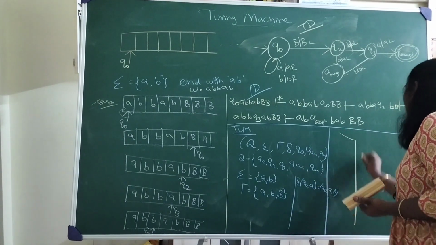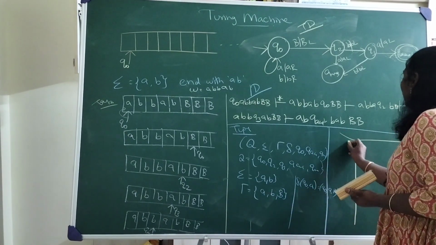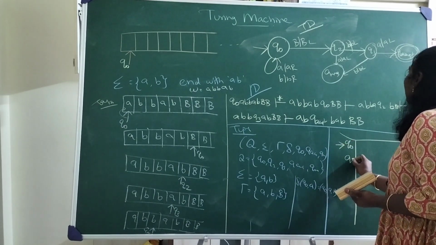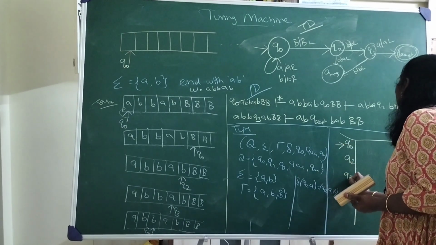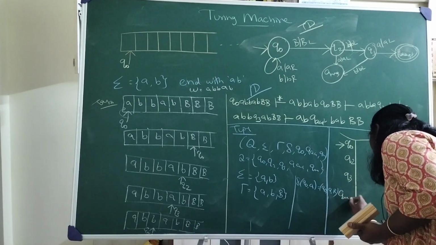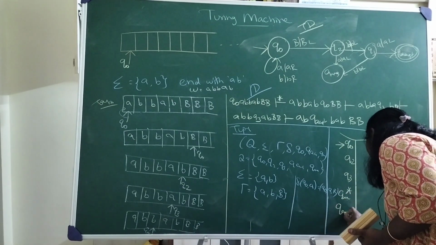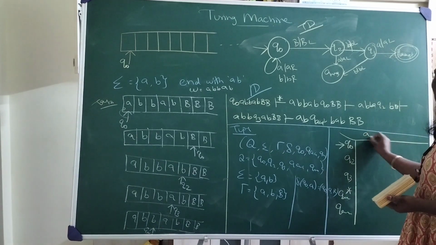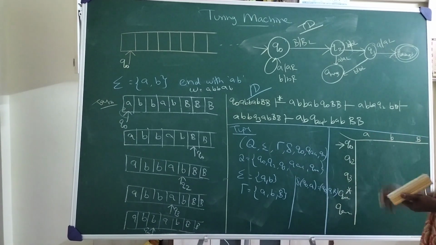To draw a transition table. What all states you have? Q naught is the starting state. You have Q2, Q3, Q accept as the final state, and Q reject. Okay, and your tape symbols are A, B, and blank representation. When you fill it, your table is complete.